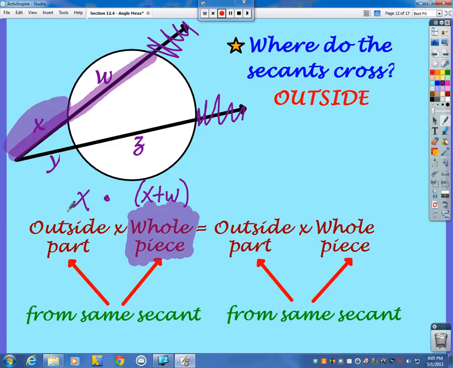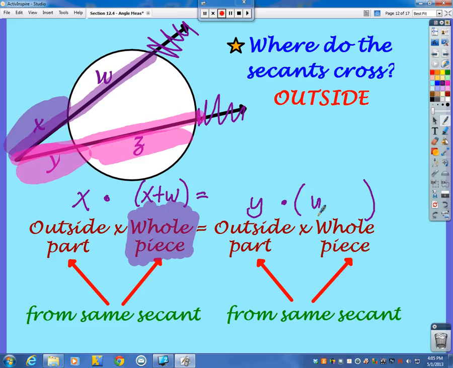So if I take x times the quantity x plus w, the whole thing, then I can set that equal to the other secant. The outside part for it is just the y piece, and the whole thing together would be y plus z. So that's the formula we're going to use if they cross on the outside. It'll be outside times whole equals outside times whole.